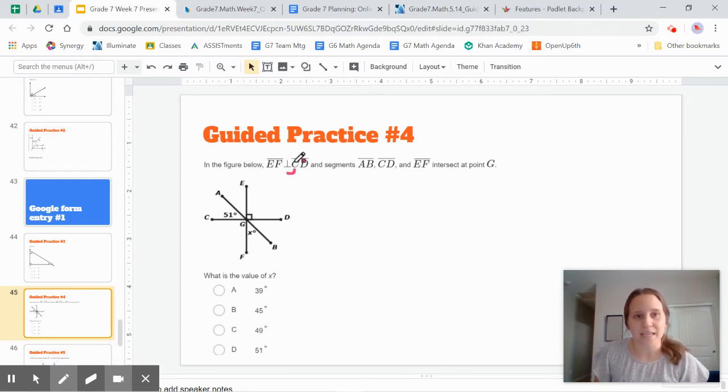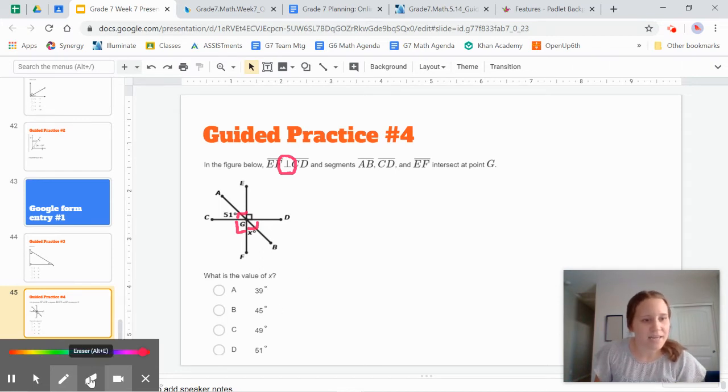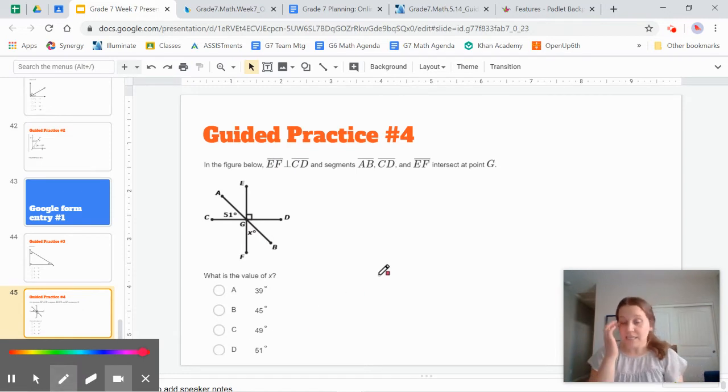That's what perpendicular means. They make a 90-degree angle. I can see that marked right here. But I also know then that these two angles make a 90-degree angle, and these two angles make a 90-degree angle, and this angle is a 90-degree angle. That's all it's telling me.